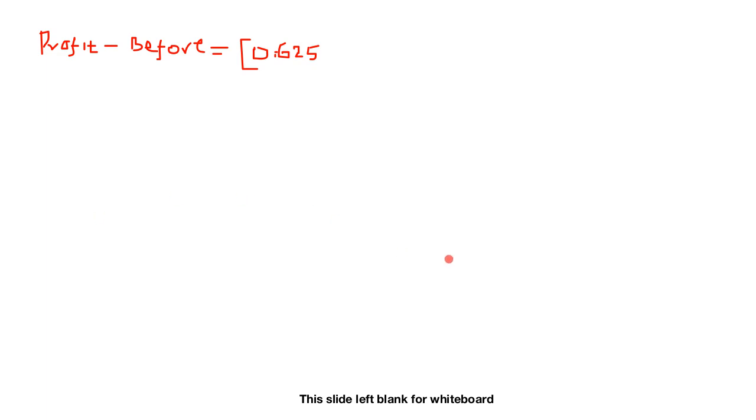Remember in our problem, the total number of customers is 40 million. So we are going to multiply the 0.625, the probability, by 40 million customers.